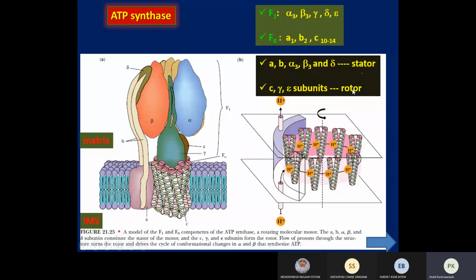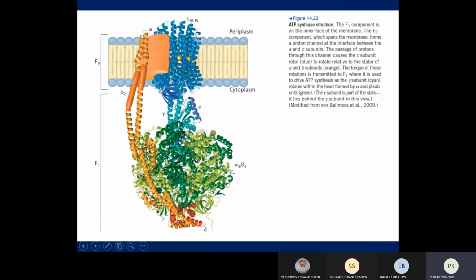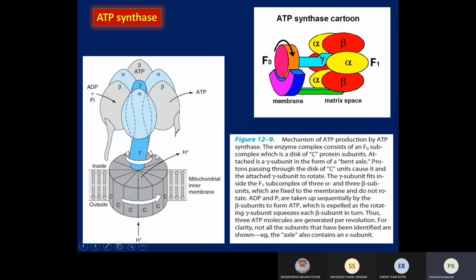So what happens is that when the protons are moving from the intermembrane space to the matrix, the rotor rotates, and that brings a conformational change in the stator, especially in the beta subunit, and the beta subunit has the ATPase activity that converts ADP into ATP.